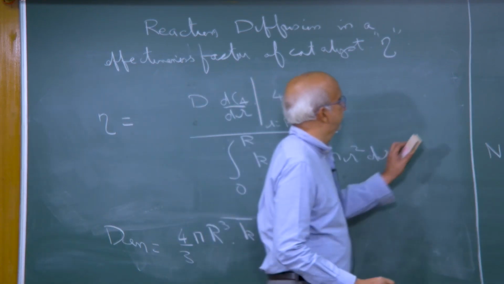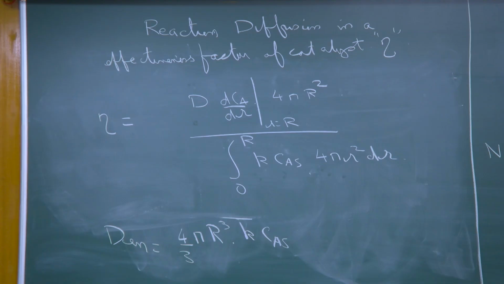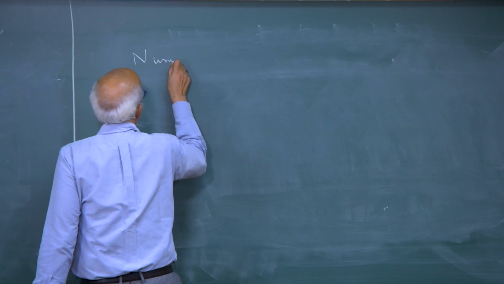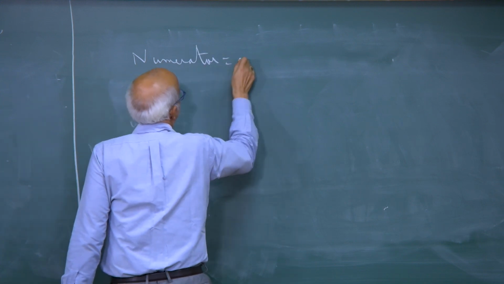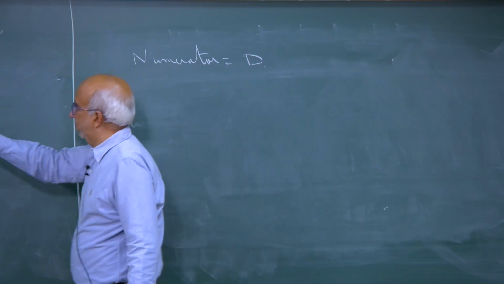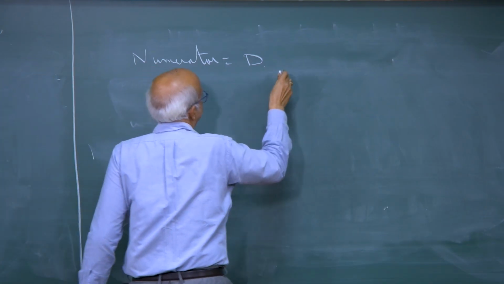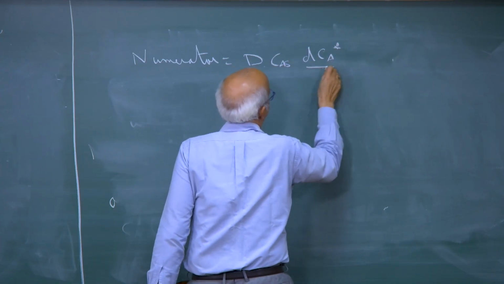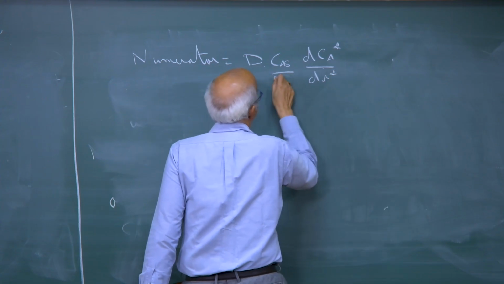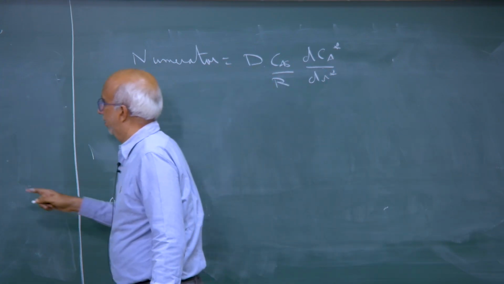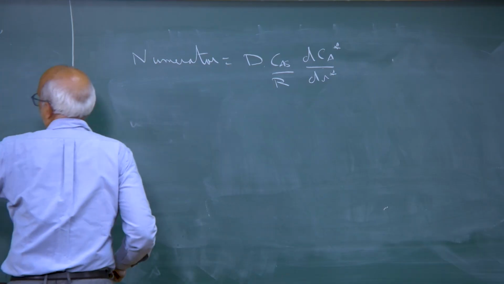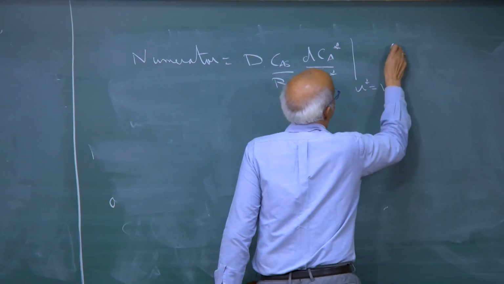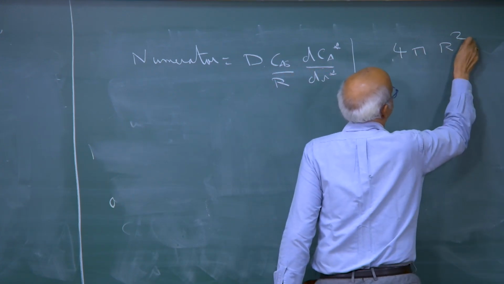What is the numerator? The numerator is D times, converting this to dimensionless, dCA star, and to do that I get a CAS, and I convert this to R star, I get an R here, and this is evaluated at R star equal to 1 multiplied by 4 pi R squared.